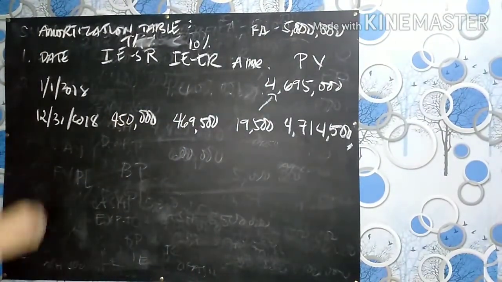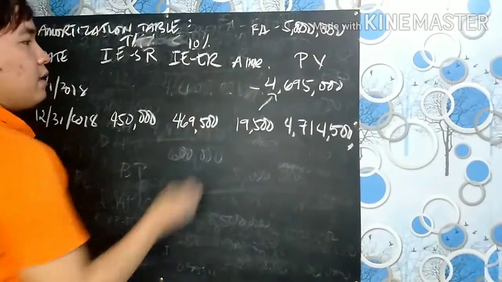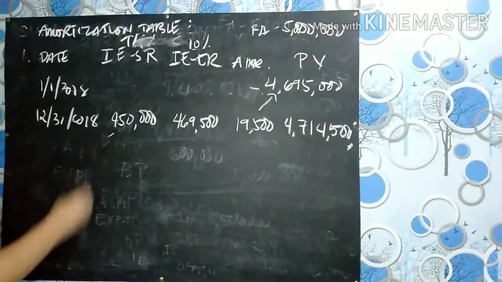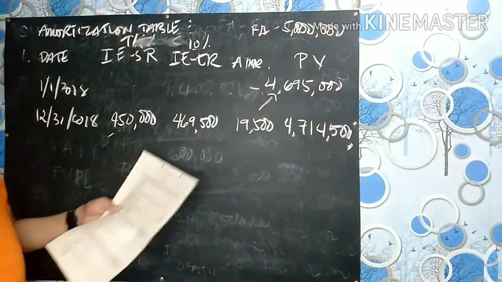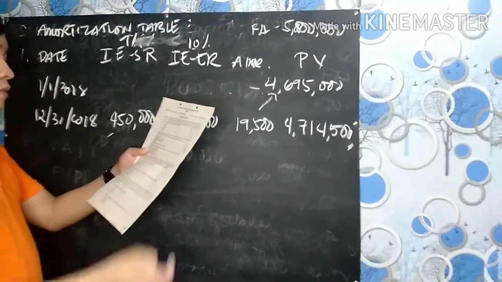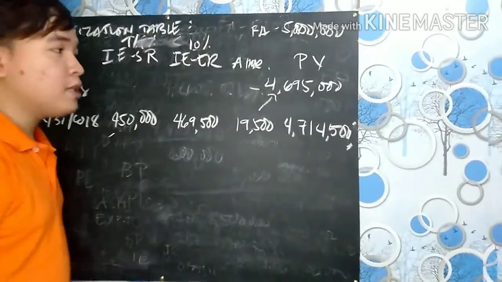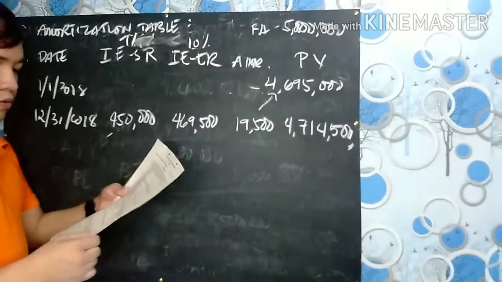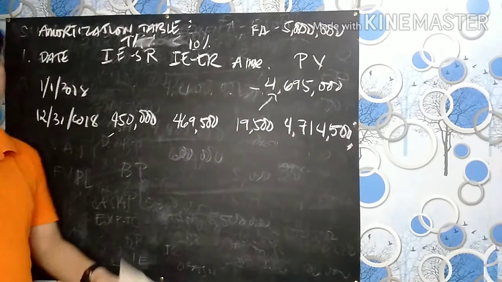Alam ko naman na may idea na kayo sa entry nito, right? Ang naging entry natin ito, debit tayo ng cash, 4,695,000. Tapos, debit tayo ng discount on bonds payable. Yung difference niyan, 5 million minus 4,695,000, 305,000.